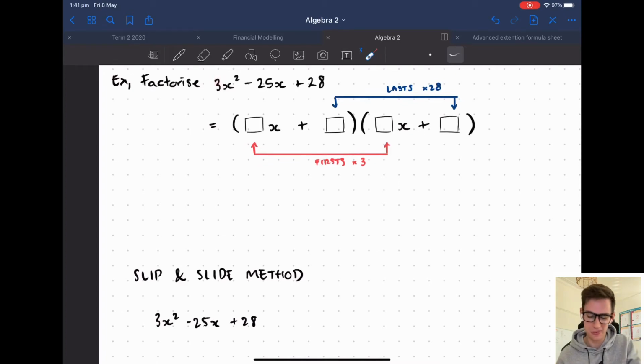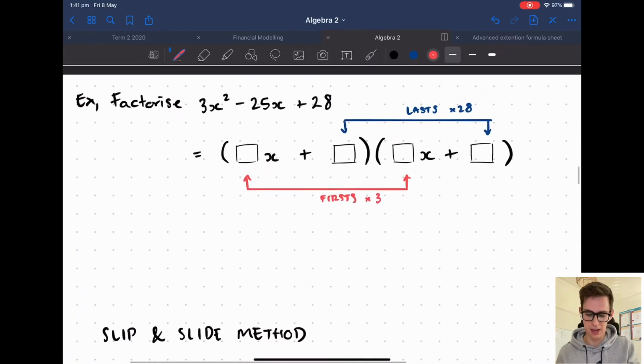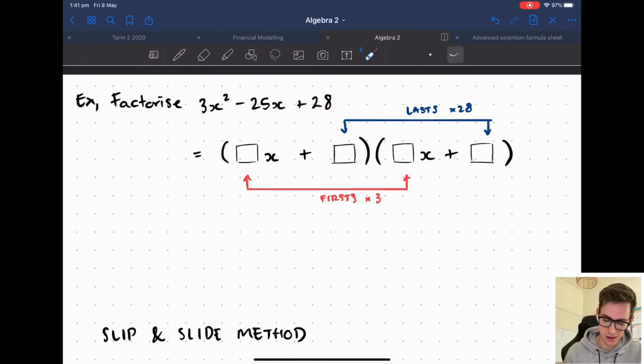Okay, so the setup here is we have 2 sets of brackets, okay, and we know the firsts and we know the lasts, okay? The lasts are going to be these numbers here, and they are going to, same as last time, be 2 numbers that multiply to give 28. So you think, righto, numbers that multiply to give 28, they could be, what do we get?